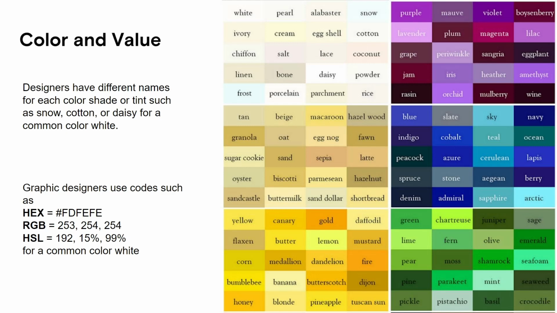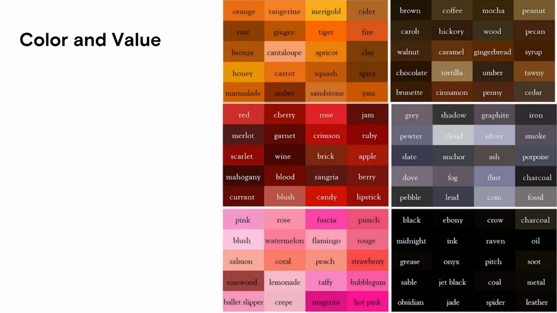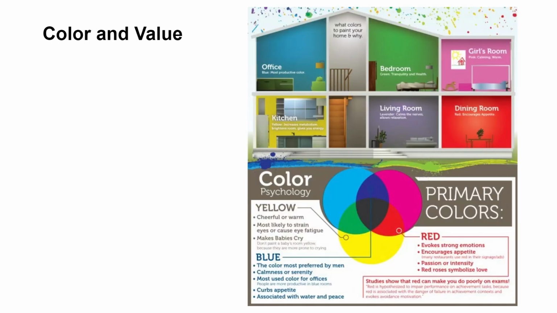And in architecture and interior design, paint developers have specific codes and colors which are presented to a designer or an architect. So, some samples.